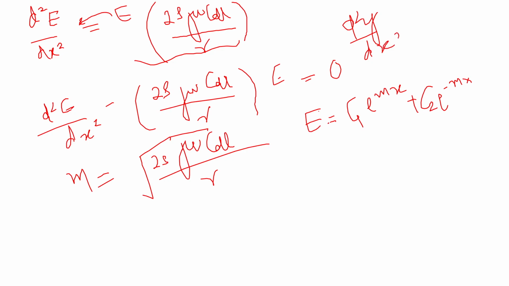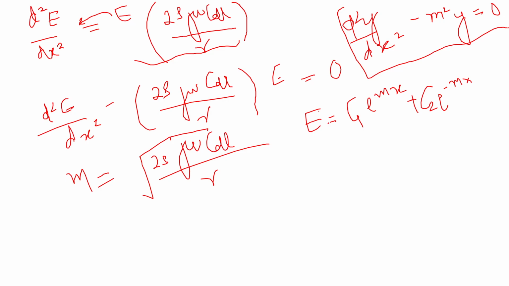Then I'm making it into the form d square y by dx square minus m square y equal to 0, which is basically the same as writing d square y by dx square equal to m square y. Then I give the value for m, that is 2 into rho j omega c dl by r, the whole raised to 1 by 2.